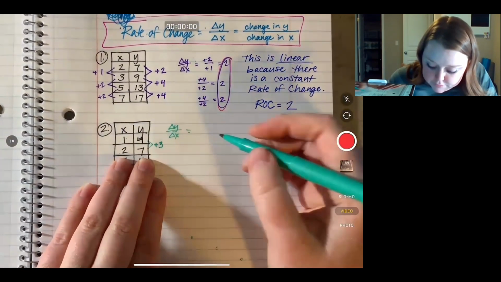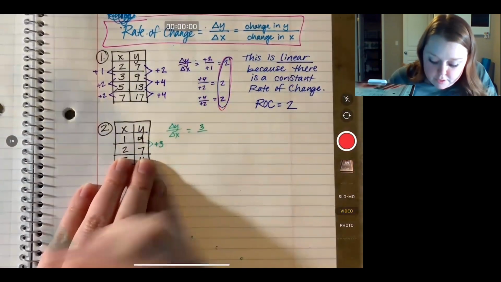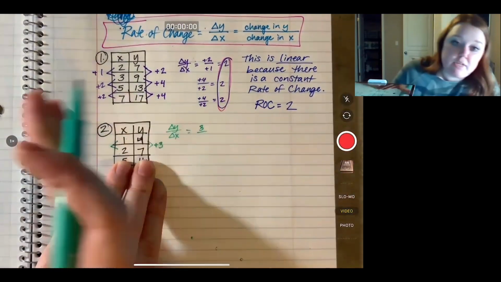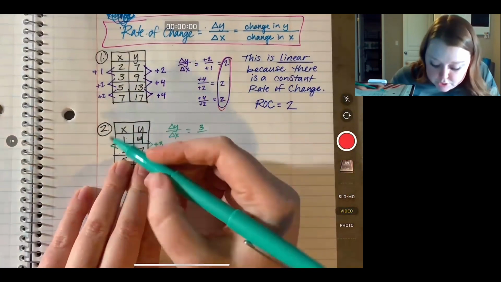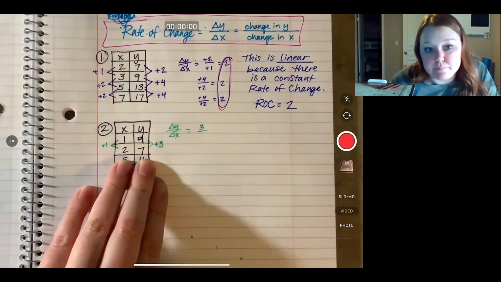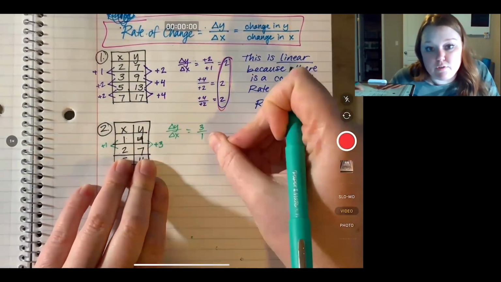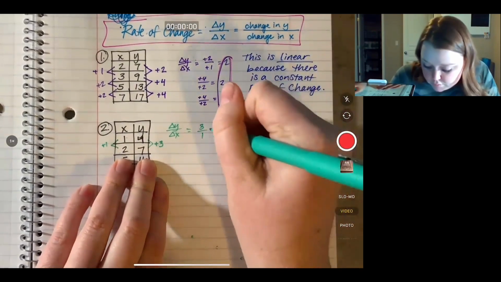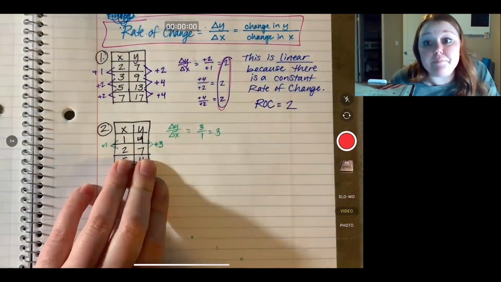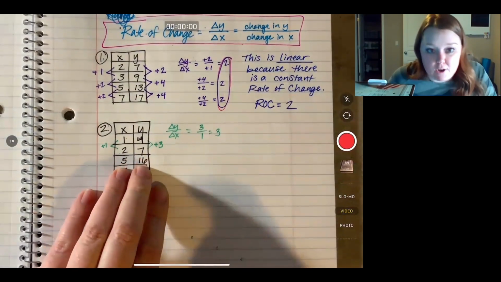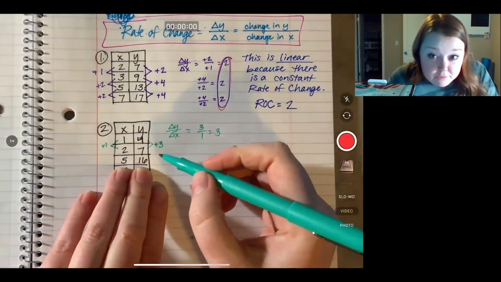So I'm going to put 3 up there. From 1 to 2, I'm going over to the X's, change in X. From 1 to 2, that's an increase of 1. So it looks like 3 over 1. What's 3 divided by 1? It's 3.